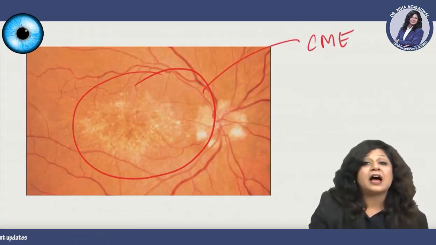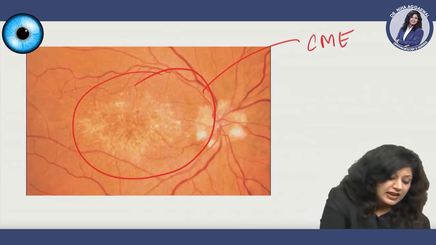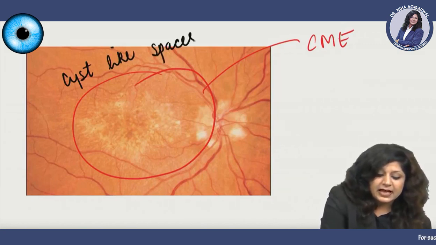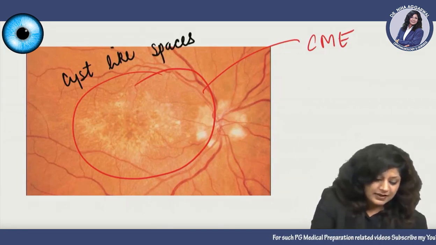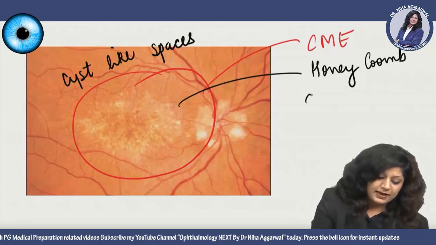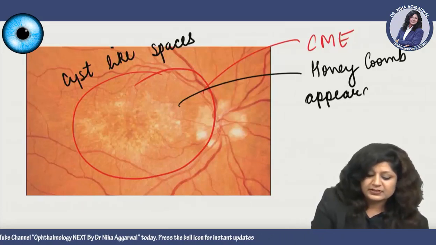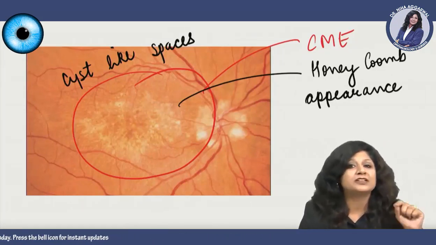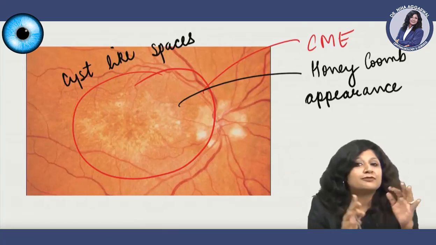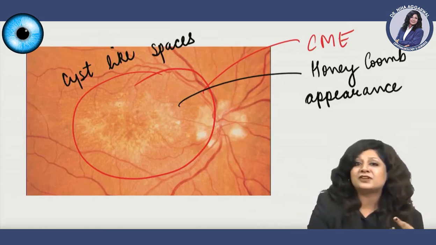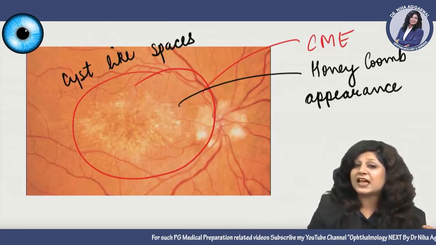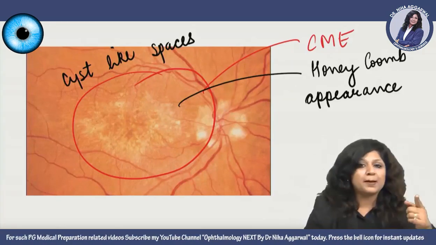Now why do we have the honeycomb appearance? Because cyst-like spaces are present in the fundus here, therefore this appearance is called honeycomb appearance. Honeycomb appearance is found in patients of CME. So you have seen the difference in OCT, in the etiology, clinically, and now in the fundus. One is a circular ring sign and the other is a honeycomb appearance.